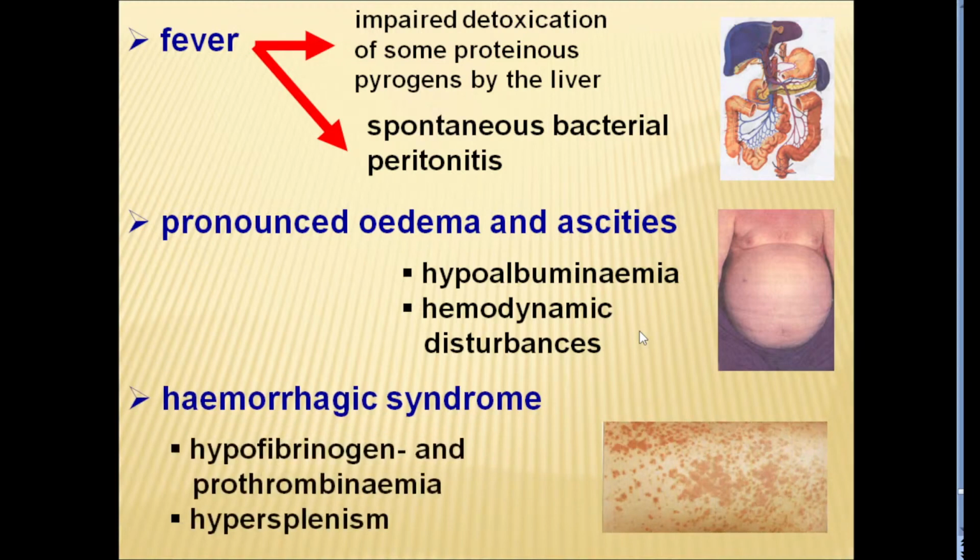Progressive hemorrhagic syndrome. First of all, the patient can complain of predilection to gum and nose bleeding, and then we can see skin manifestations. We can see petechiae on the skin due to hypofibrinogenemia and hypoprothrombinemia, problems with permeability of vessels due to deficiency of vitamin C and PP, and hypersplenism.